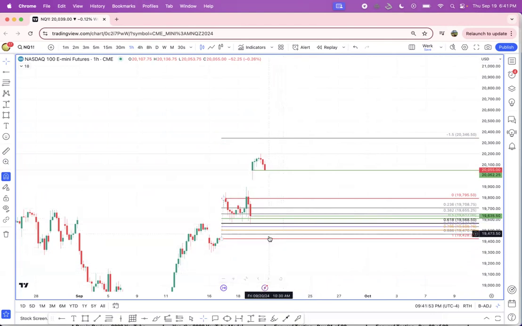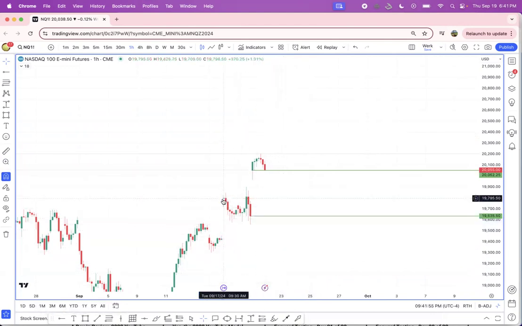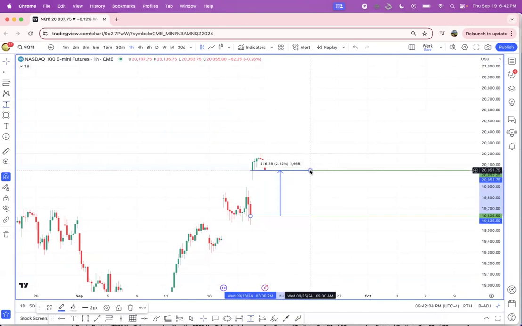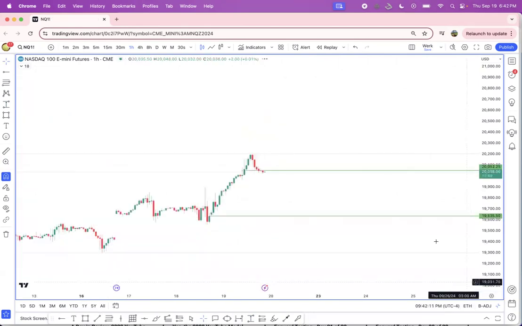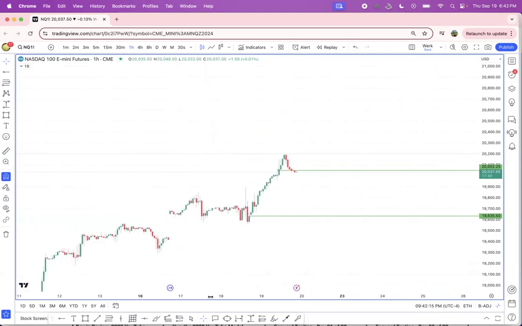And this gap right here, look at this. We closed there. There's a whole 400-point gap. Isn't it beautiful? So you want to make sure you have the gaps on your chart and trade them accordingly.